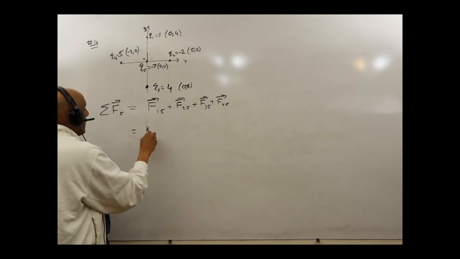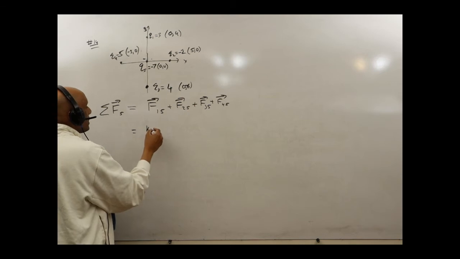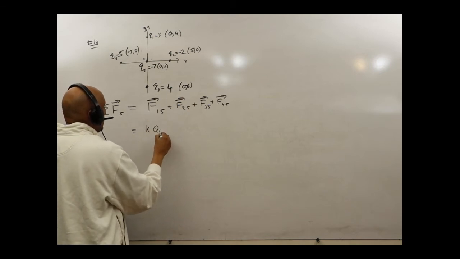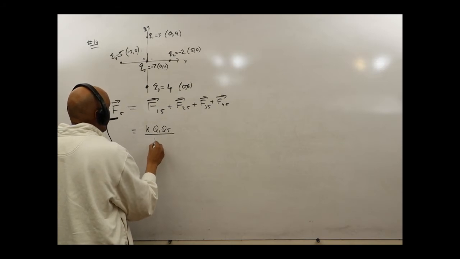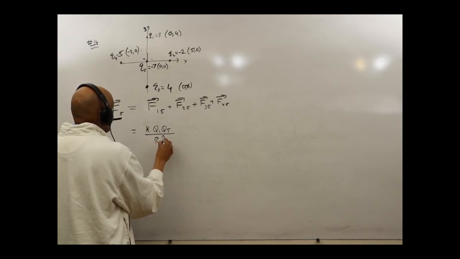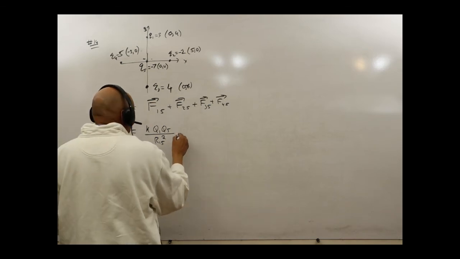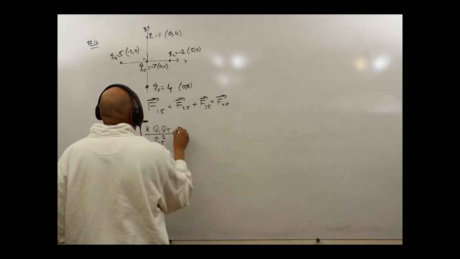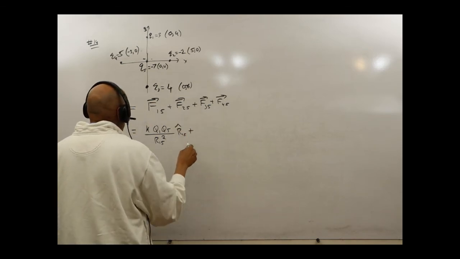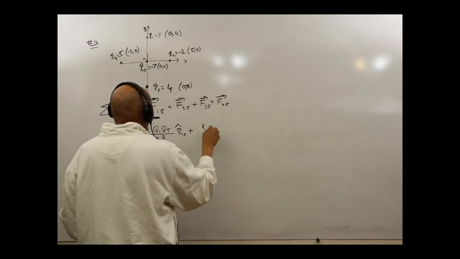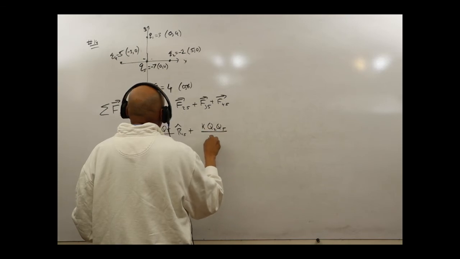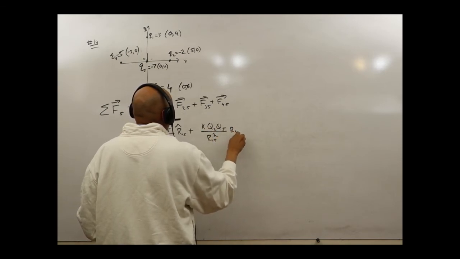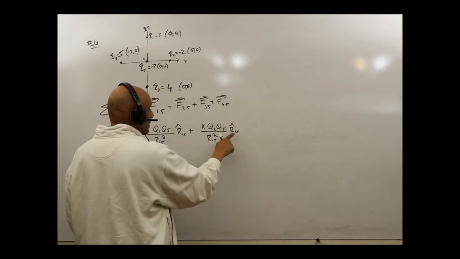So we can do this pretty quickly. The Coulombic equation is K times Q1 times Q5, over the distance between 1 and 5 squared, times the directional vector R15 hat. The next is the same thing: K times Q2 times Q5, over R25 squared, R25 hat, the directional vector from 2 to 5.